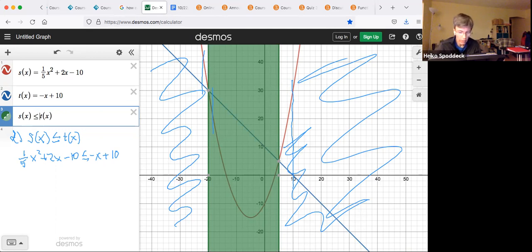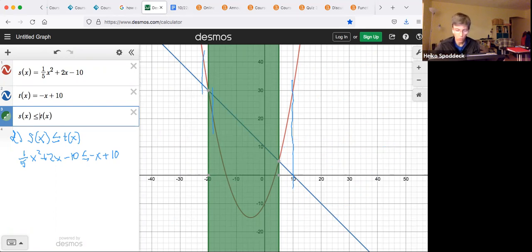And I should also delete all my previous ones. This one I can actually keep there, but these ones I want to also delete. I still have my straight lines there that help me compare.